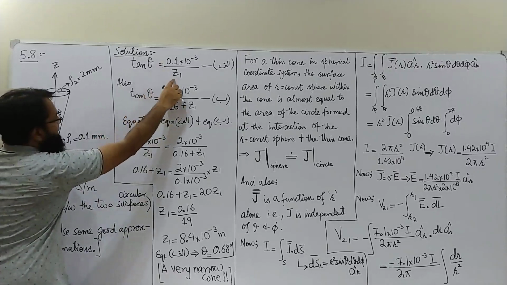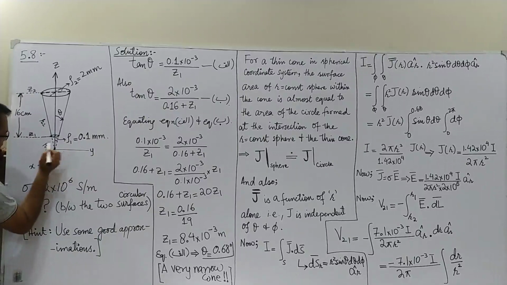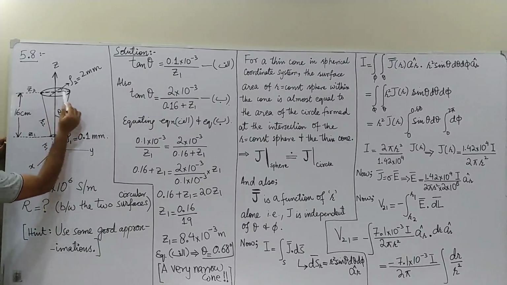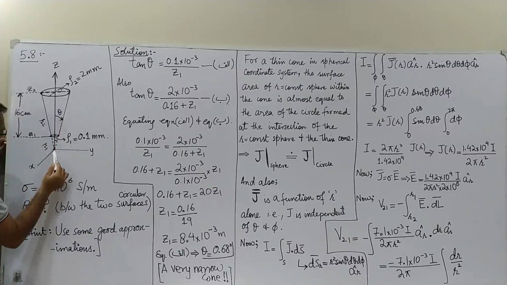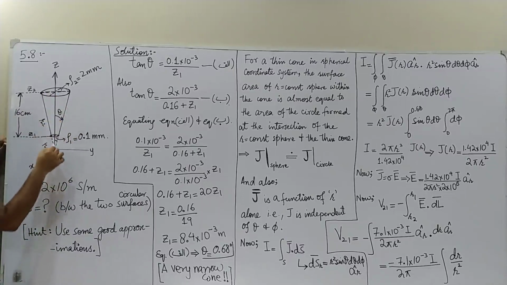So 0.1 millimeter divided by z1 gives us this angle theta. All right. Also, this rho 2, because this is also a right angle triangle here, rho 2 divided by z2 should be tangent theta again.